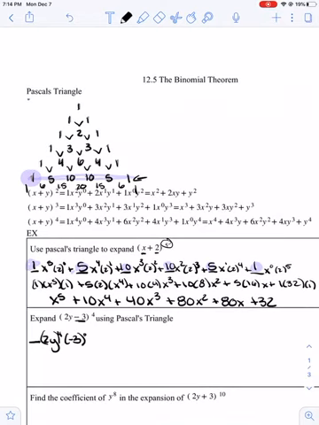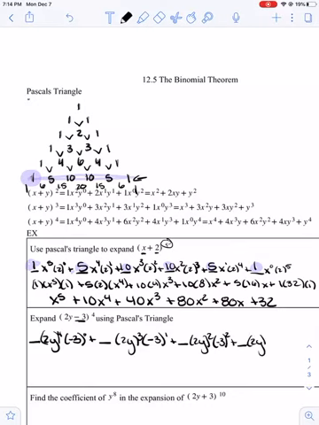Because it's minus 3, that's why we're using negative 3. Okay, plus, space, 2y to the 3rd power times negative 3 now to the 1. Plus, space, 2y to the 2nd times negative 3 to the 2nd.